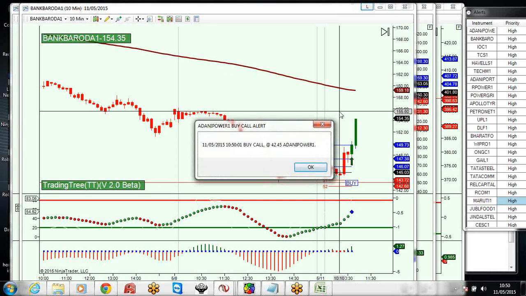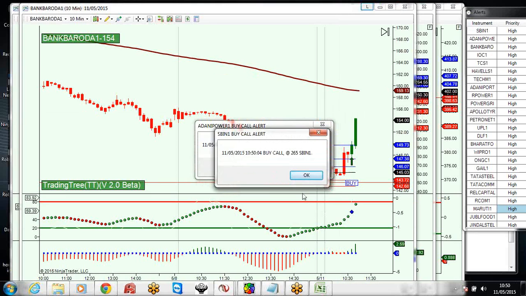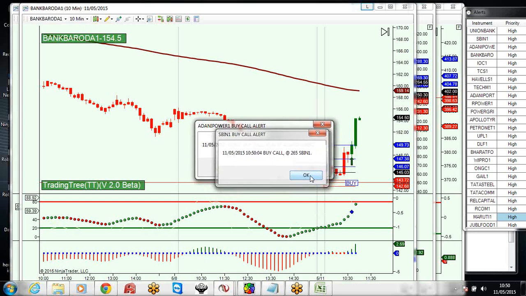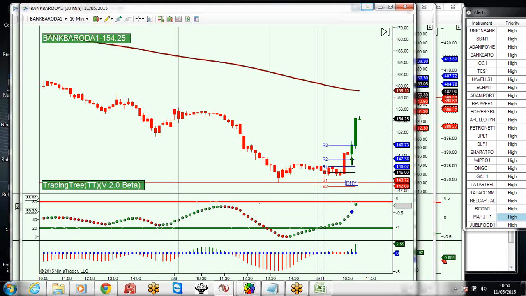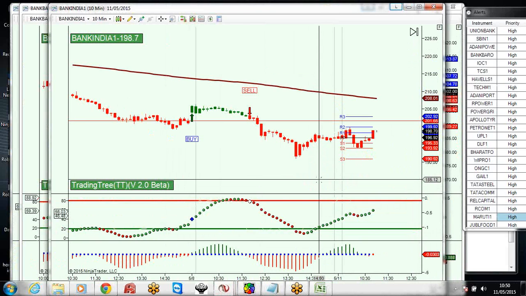There is a buy call in Adani Power. There is a buy call in Union Bank. So there's a reason why I was checking all the PSU banks. So Union Bank, SBI, we have a buy. I think Bank of India should follow.